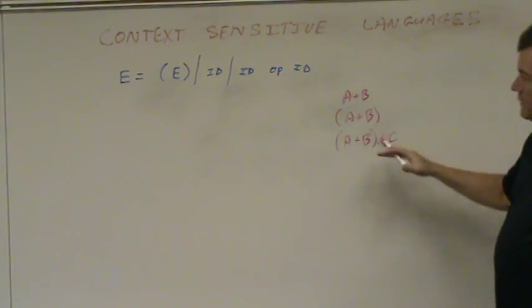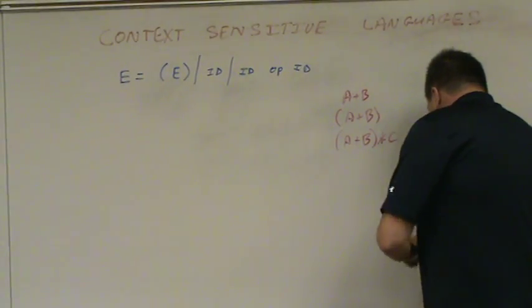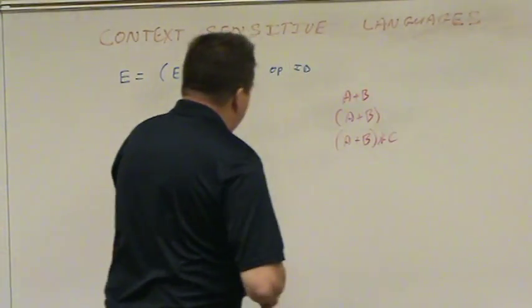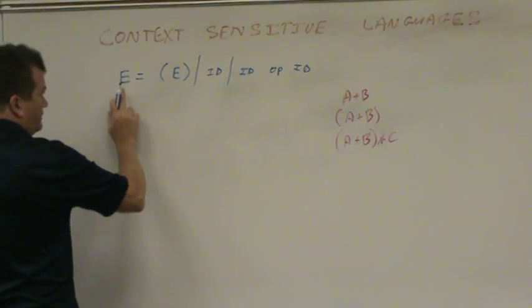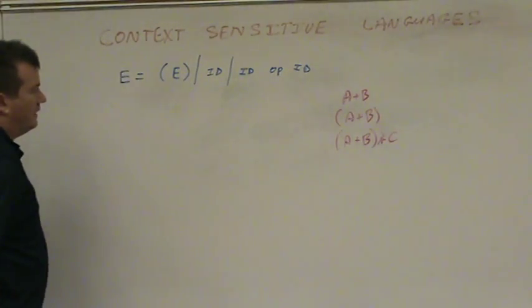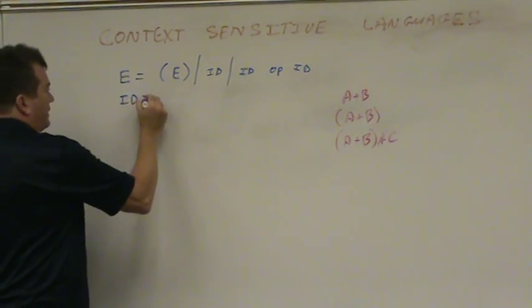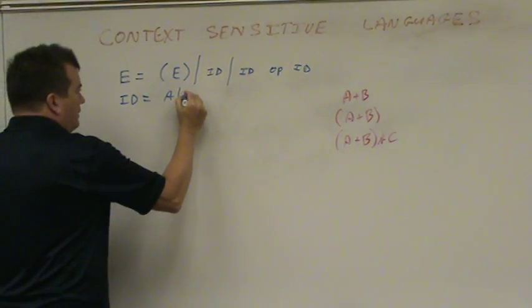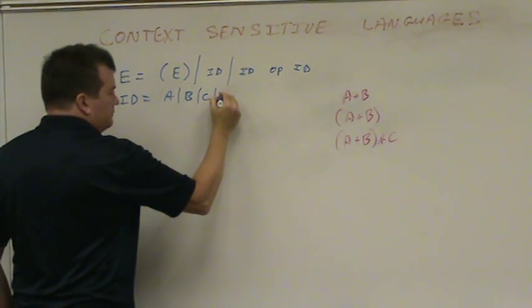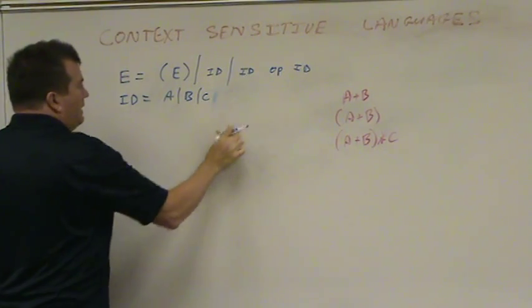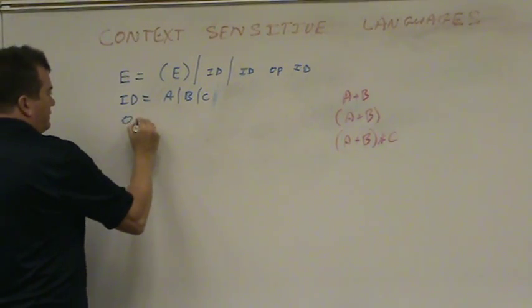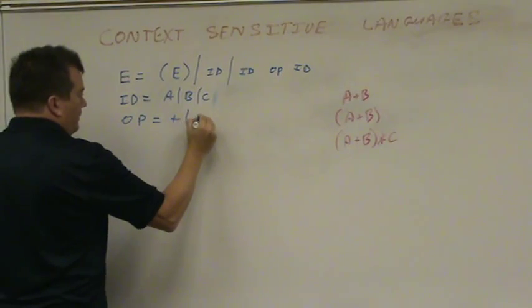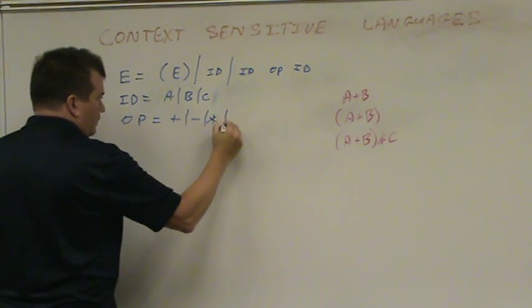These are things we would answer yes or no to. So if we were to define the grammar for this, we would say an expression can be defined this way. We would say identifiers can be A or B or C. And operations can be plus or minus or times or divide.